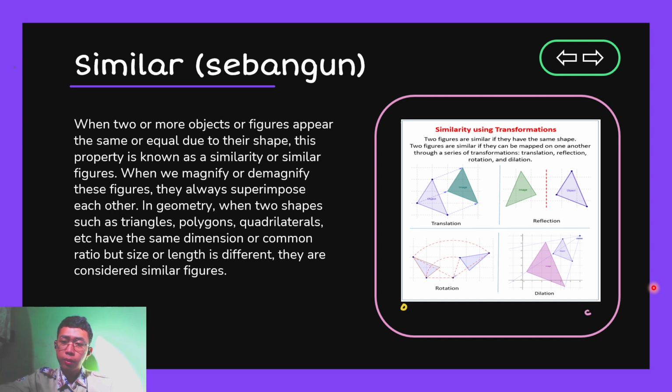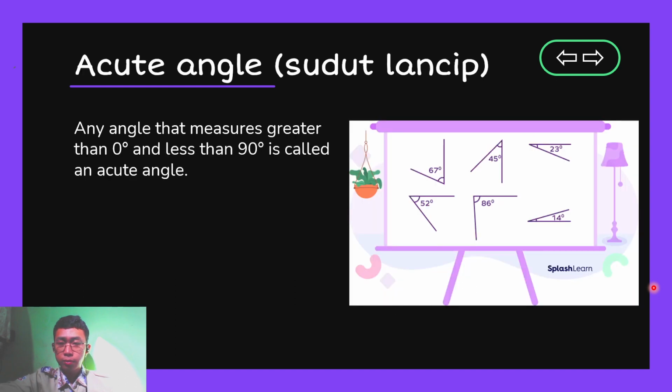In geometry, when two shapes such as triangles, polygons, quadrilaterals or curves have the same dimensions or common ratio but the size or length is different, they are considered similar figures.